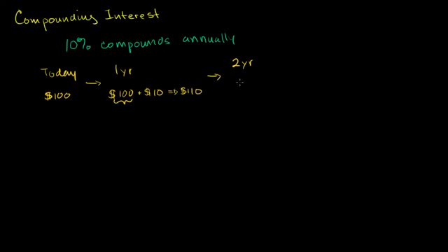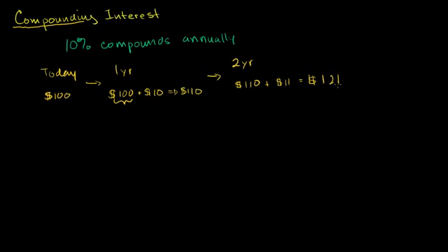So you're going to get 110, your deposit entering your second year, plus 10% on that, not 10% on your initial deposit. That's why we say it compounds. You get interest on the interest from previous years. So 110 plus now $11. So every year, the amount of interest we're getting, if we don't withdraw anything, goes up. So now we have $121.